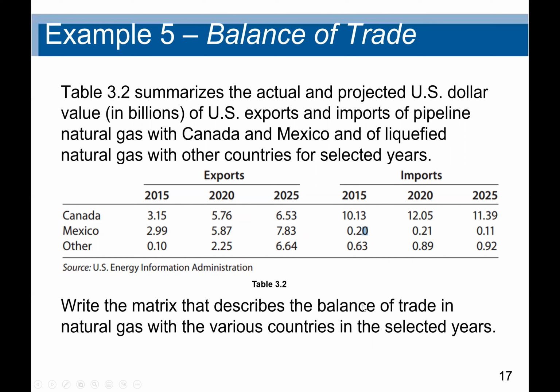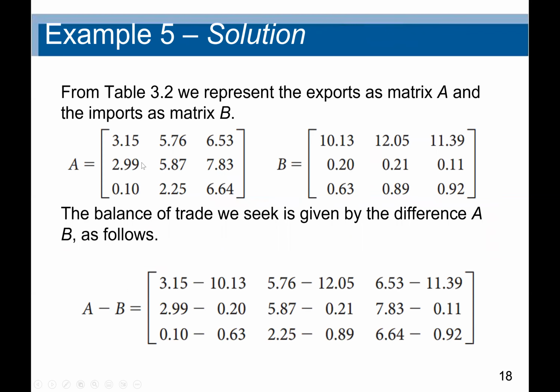Now write the matrix that would describe the balance of trade. For example, Canada in 2015, do they export more than they import, or import more than they export? We are going to find that for all the countries, and write this in matrix form.